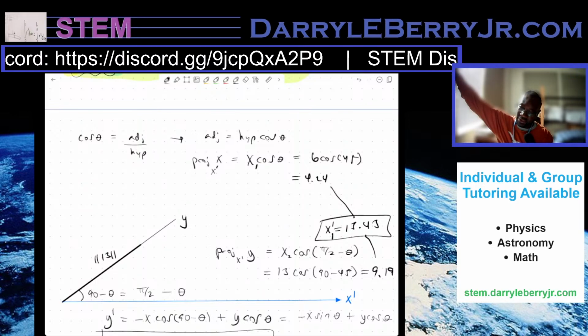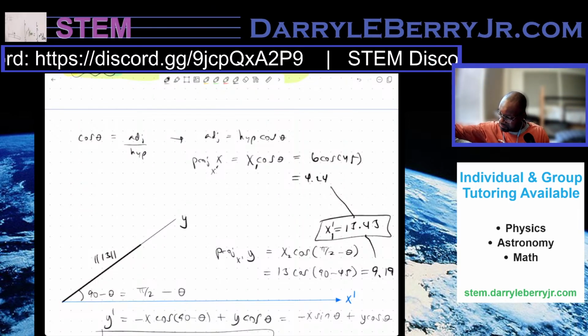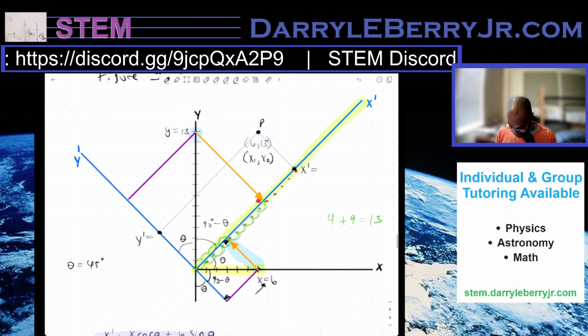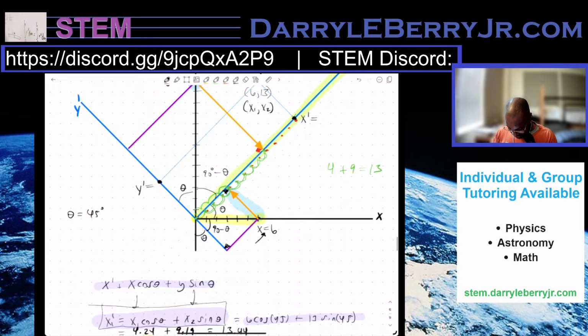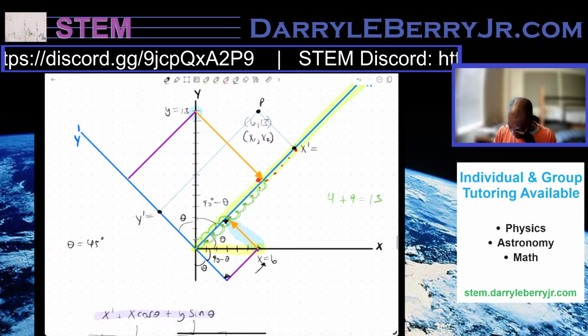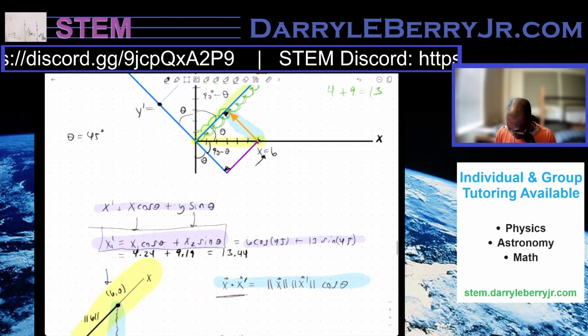I think I figured out what the issue is with the previous problem. It seems like the terminology is just different in this textbook. It says projection of the x value onto x prime and the y value onto x prime.